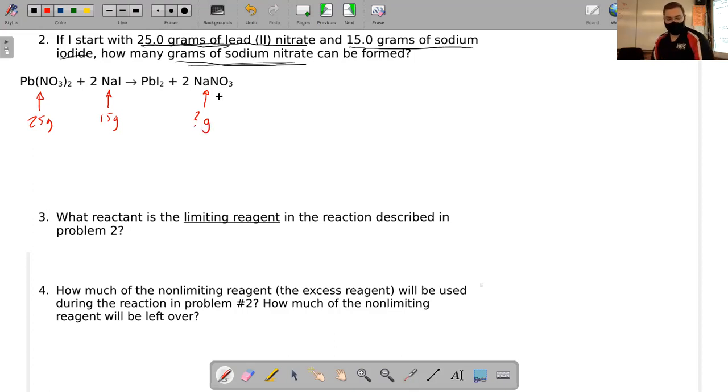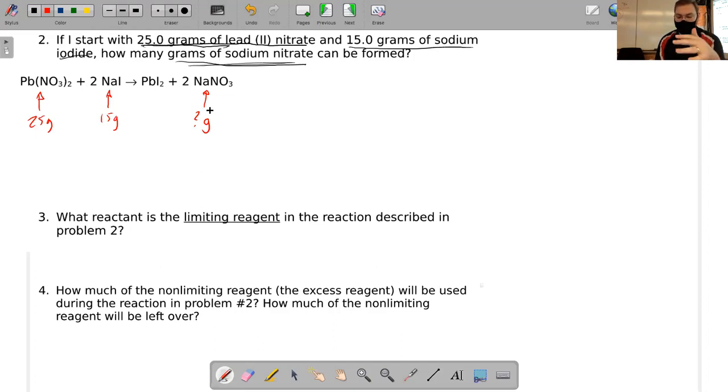So what you always do then is convert the quantity of each of the chemicals into the mass of the sodium nitrate. So I'm going to convert 25 grams of lead nitrate into grams of sodium nitrate, and then also convert from grams of sodium iodide into grams of sodium nitrate.